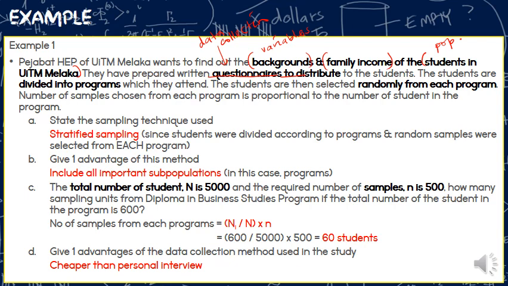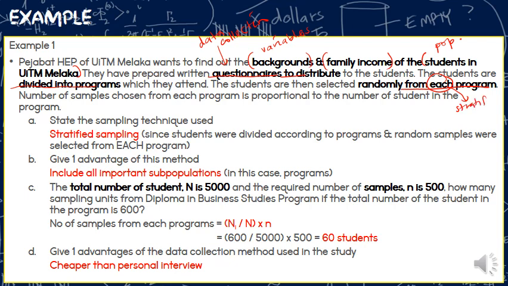The students are divided into programs. Okay. So, sampling technique. Sampling technique ada dua je yang perlu divide. Sama ada stratified sampling atau cluster sampling. So, macam nak identify lagi, tengok di sini dia kata randomly selected from each program. Population, divide into programs, pilih sampel daripada setiap program.